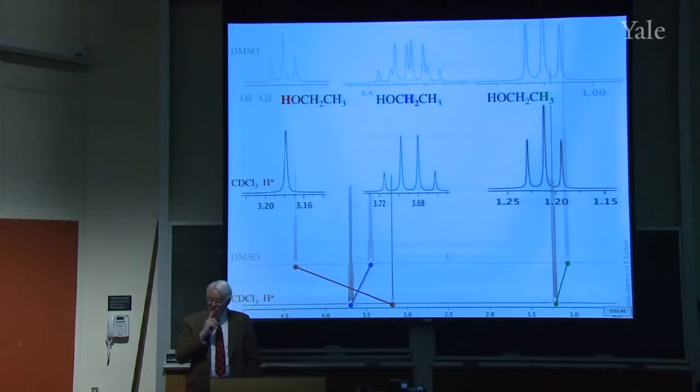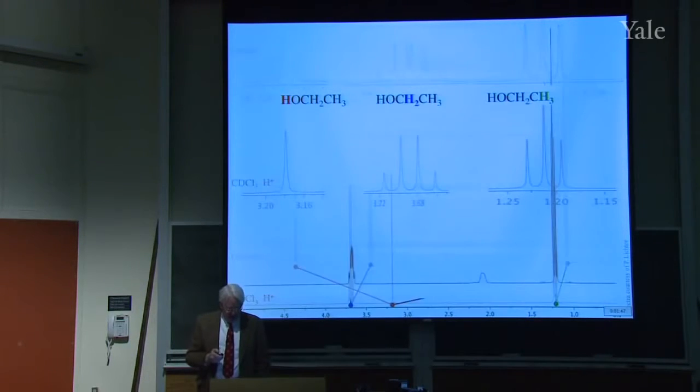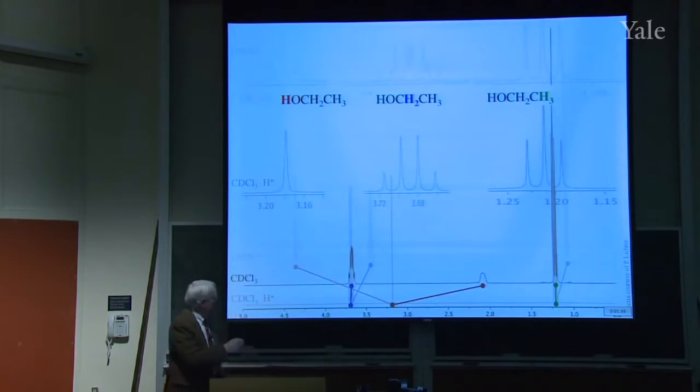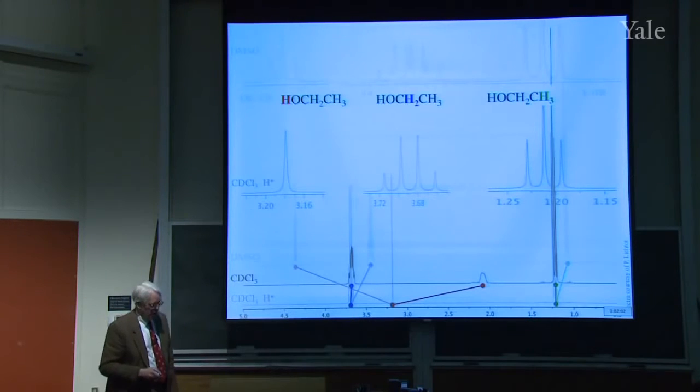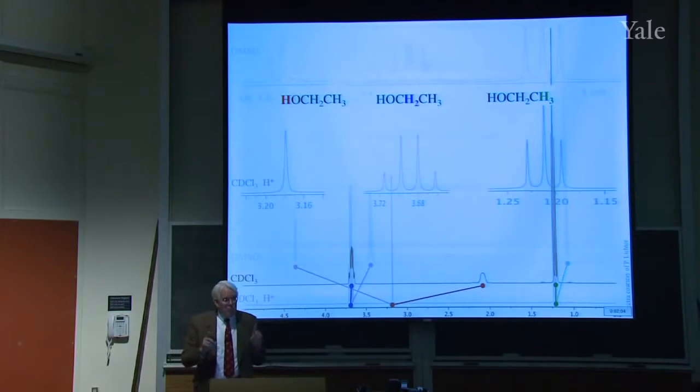In fact, what happens if we don't have the acid in there? If we don't have the acid in there, this peak moves way over here. This one stays the same place. We're still in chloroform solvent. And this one stays the same place, but the OH really changes, okay? But what's, again, much more interesting is what the patterns look like.